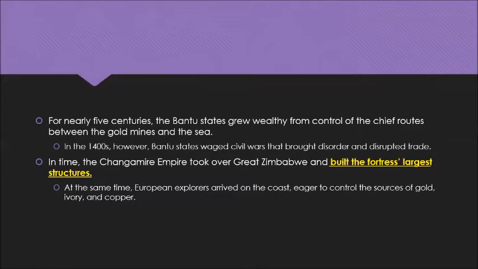And though we are going to get the Changamire Empire taking over Great Zimbabwe and building the biggest fortress that they had, that's also when the Europeans are going to start getting involved, in the late 1400s, early 1500s. And that's kind of it for the great kingdoms of Africa on the East Coast, because we're going to start getting Portuguese influence in trade, looking for gold, ivory, and copper.